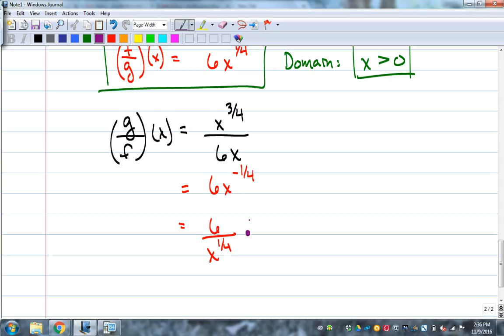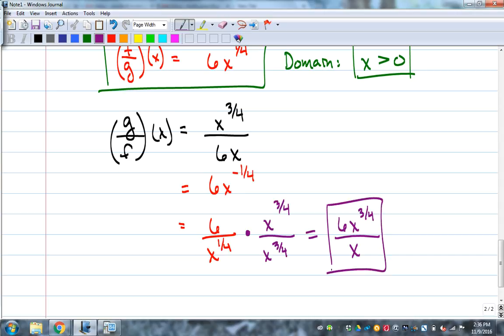So what do I multiply to get rid of the x to the fraction exponent in the denominator? Good job. X to the 3/4. And that's going to give us 6x to the 3/4 over x, which is the simplified version of that. Which is weird that the 6 moved out of that, but it does. Hold on. Back up. That's 1/6. Sorry. There we go. Now then, the 6 doesn't move.